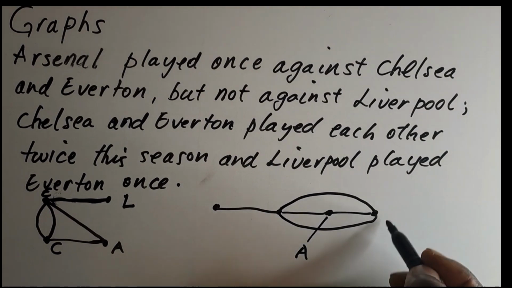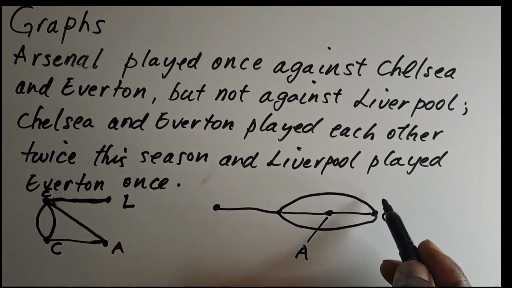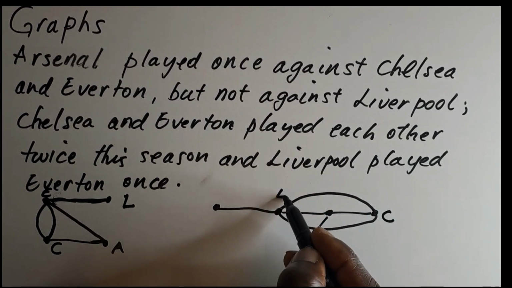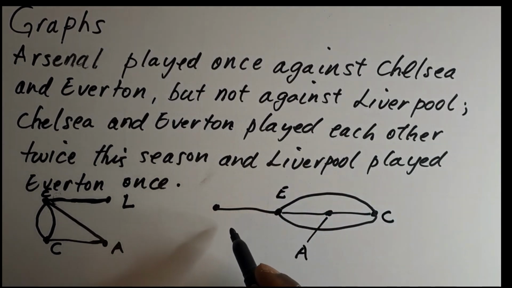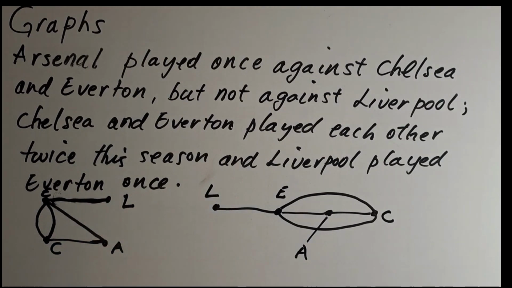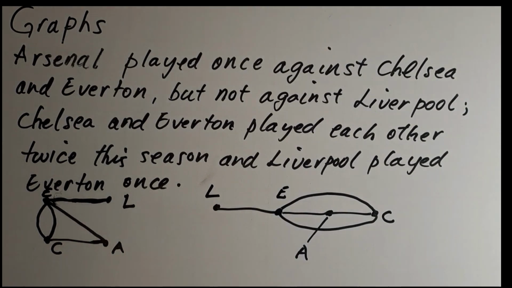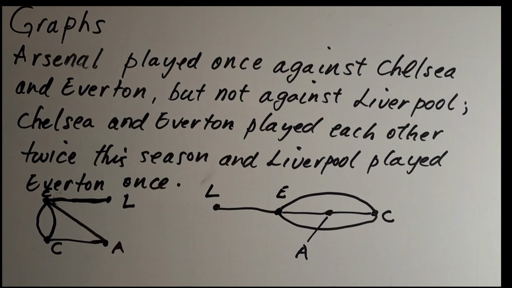There's Arsenal. We have Chelsea here. It's Everton and Liverpool. Let's check our data and see if it corresponds to this graph. Arsenal played against Chelsea once and also Everton.